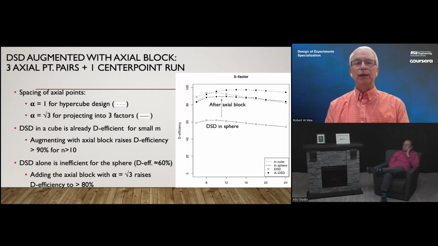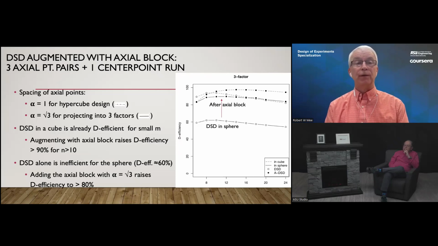Here, when we choose the level for the axial points, we can choose alpha of 1, which gives a face-centered cube. Or if we're doing this in 3 factors and use the square root of 3, then we're putting the axial points in a sphere.